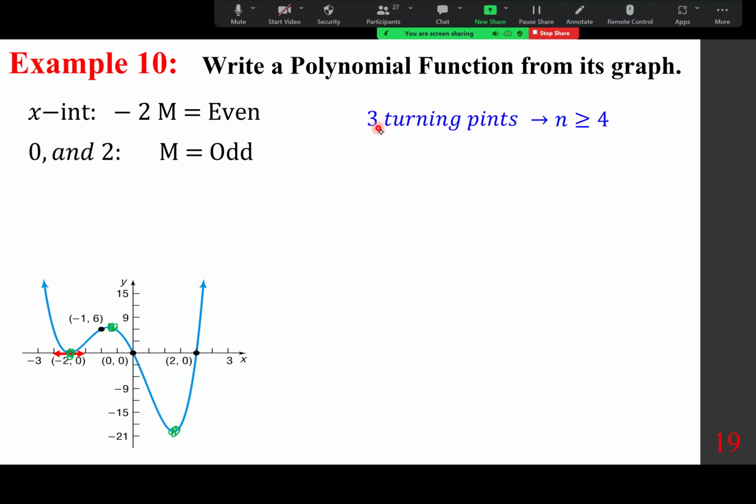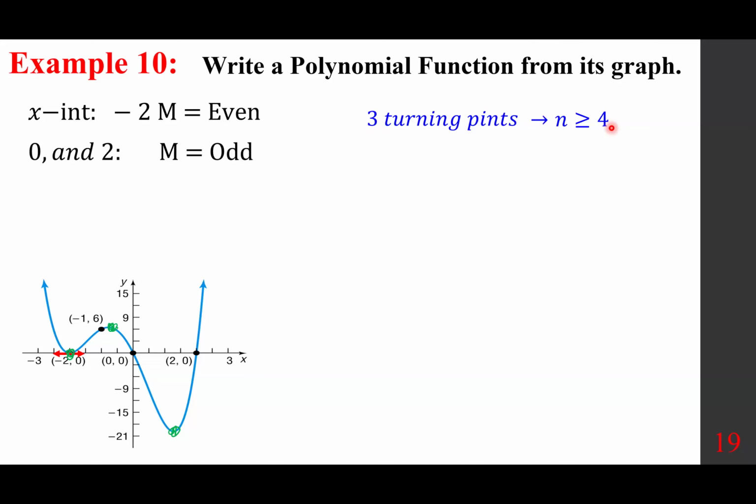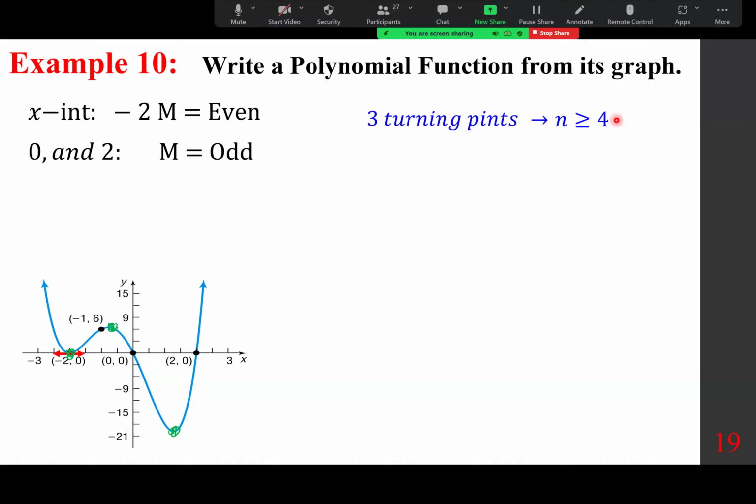So if we want to go with the minimum number, that has to be 4. So now this one says x minus 0 or x. This one says x minus 2. This one says x plus 2 to the power of 2. And we put a in front, because we don't know if we have a coefficient in front or not.